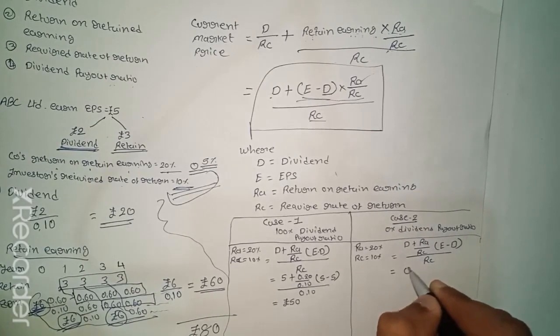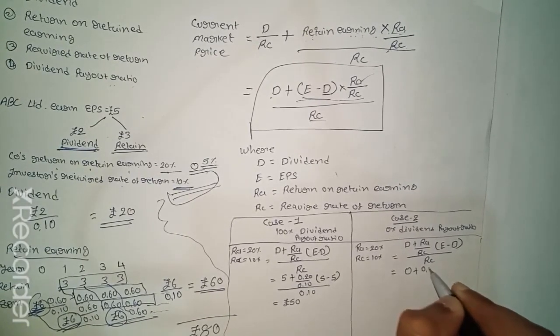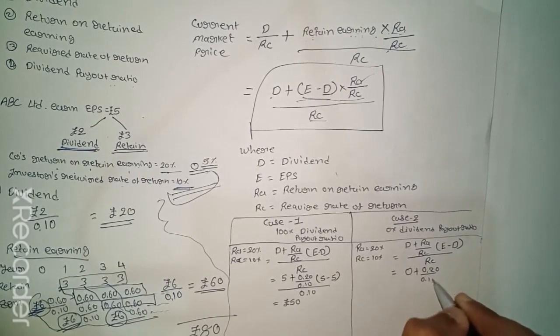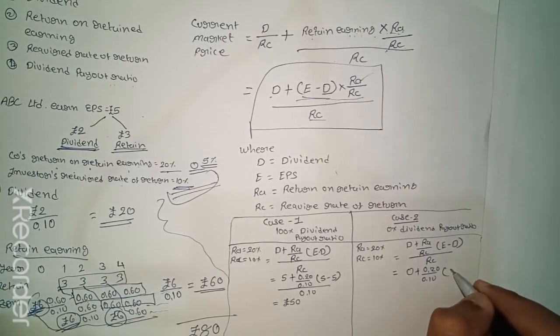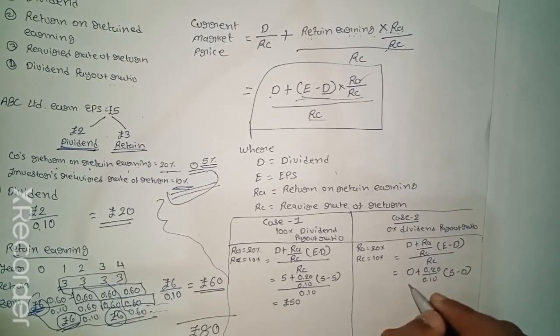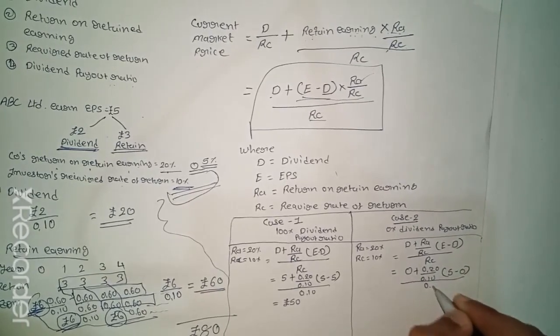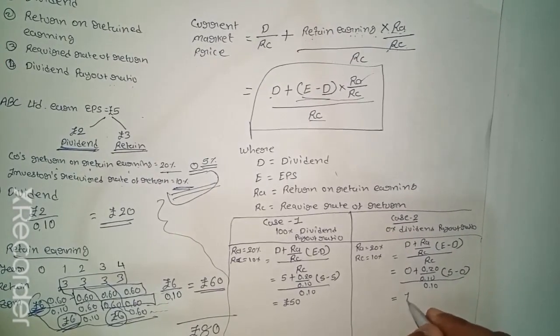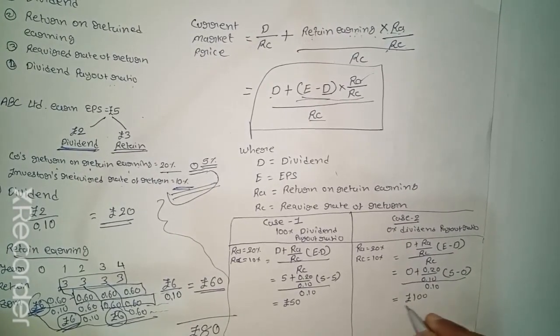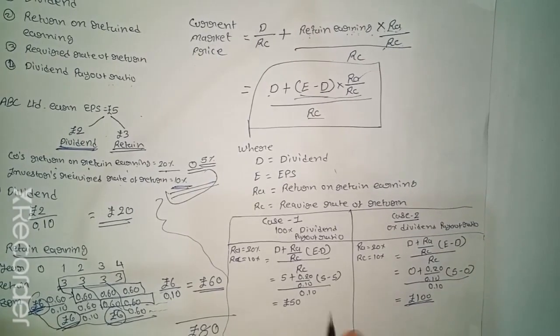Here dividend is 0 plus 0.20 divided by 0.10, EPS is 5 rupees, dividend is 0, whole divided by 0.10. By solving this, we get rupees 100 value of share.